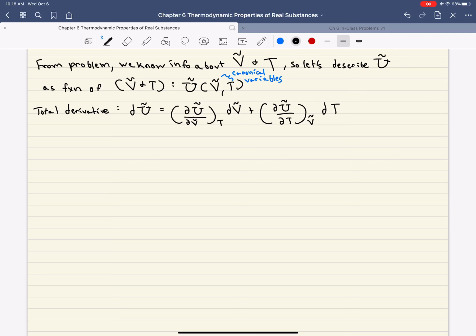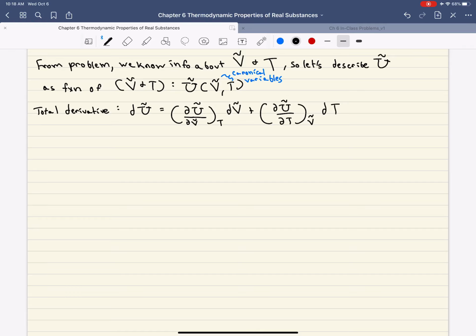All right. So that's just the total derivative written in terms of its partial derivatives. This is just writing it exactly as math would tell us how to write it.